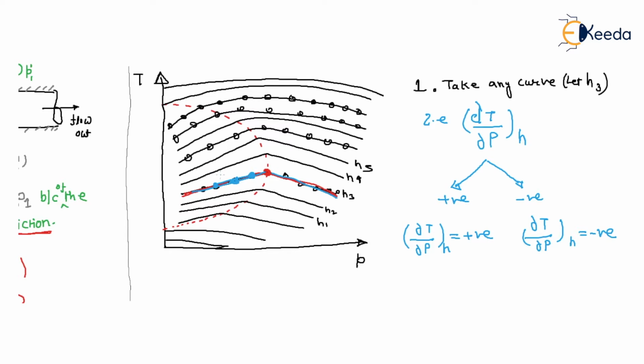This is the positive slope, and this is your negative slope. In the case of positive slope, if pressure reduces, the temperature also reduces. In the case of negative slope, if pressure is reduced, temperature will increase. Why? Because there is a negative slope. So in the negative slope, there is heating.